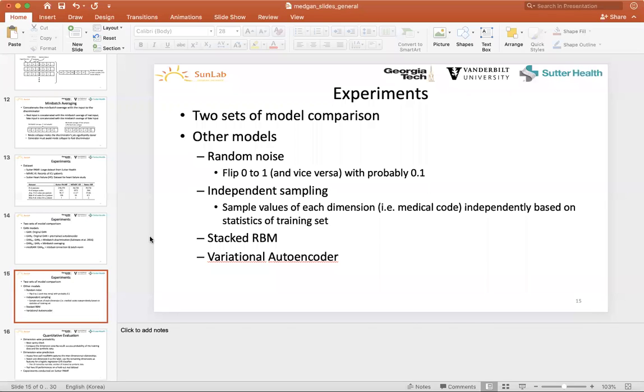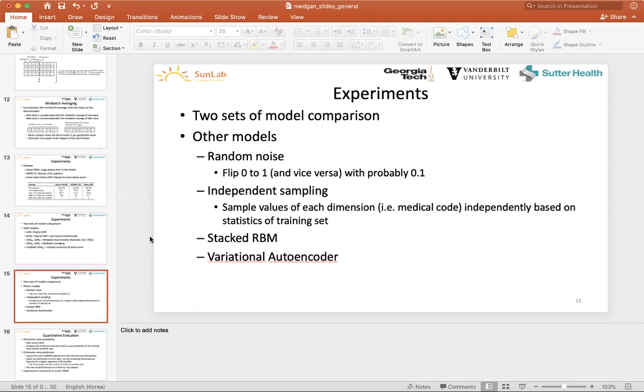GANs generate data out of nowhere. As I said, generators take a normally distributed noise and convert that to actual synthetic samples. So there's no good way to explain the relationship between random noise and the synthetic data.